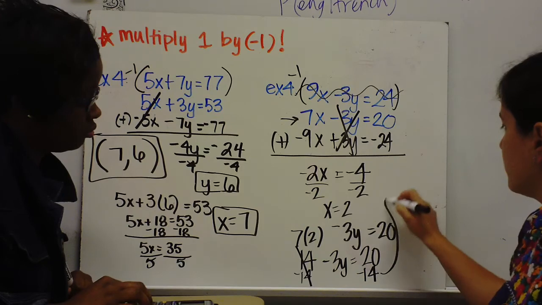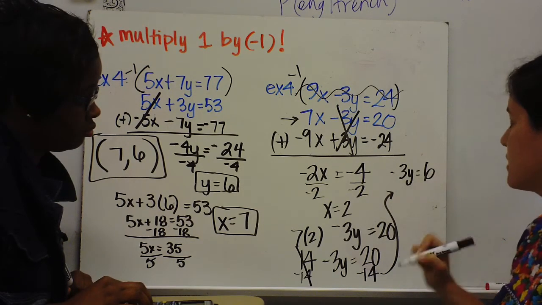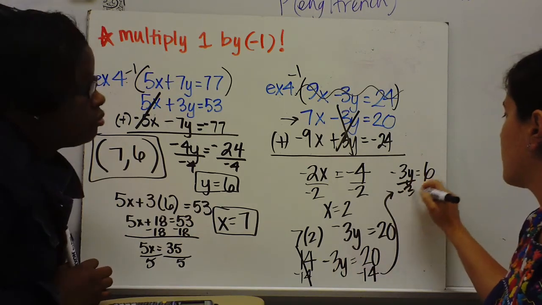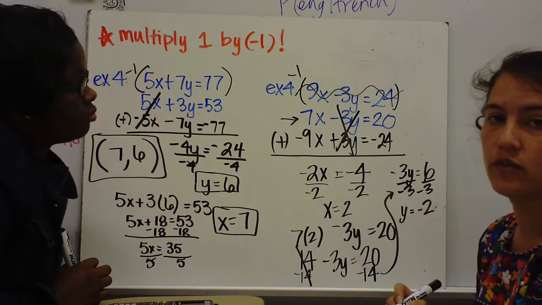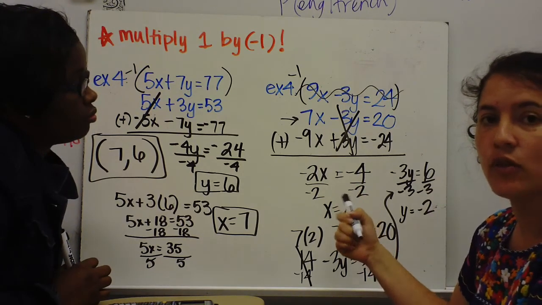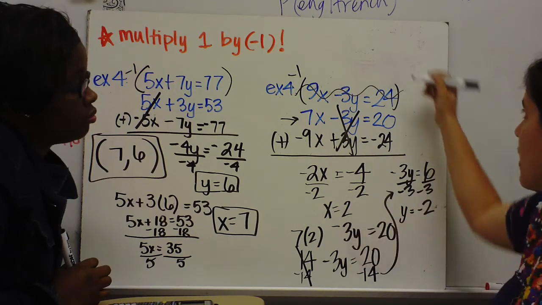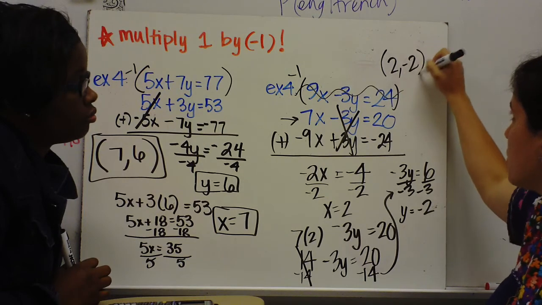I get negative 3y equals 6. Then we need to divide both sides by negative 3, and y is equal to negative 2. You find your x value, you plug it back in to find your y value, and now I have my two values, so my final answer is 2, negative 2.